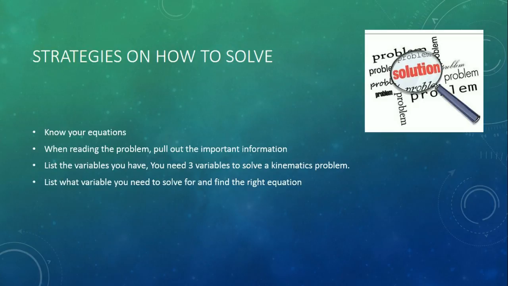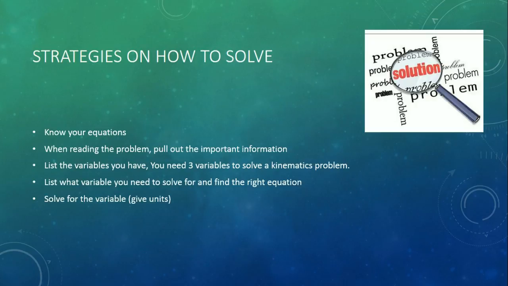After listing the variables you have, list the one variable that you need and find the right equation that has all 4 variables and where you can easily solve for the unknown variable. Then solve for the variable using the equation you picked, and always give units.